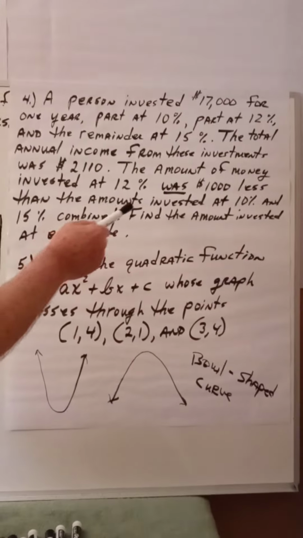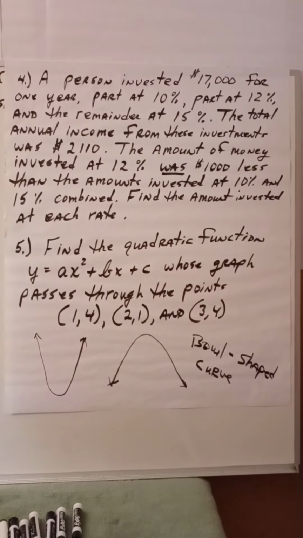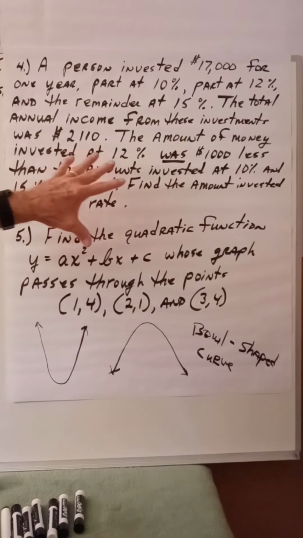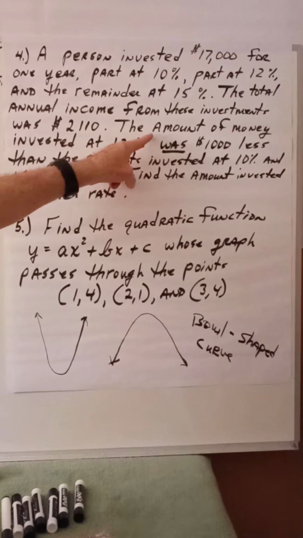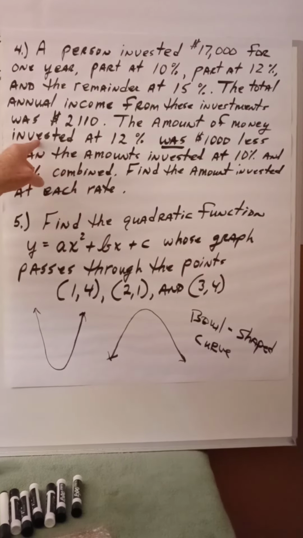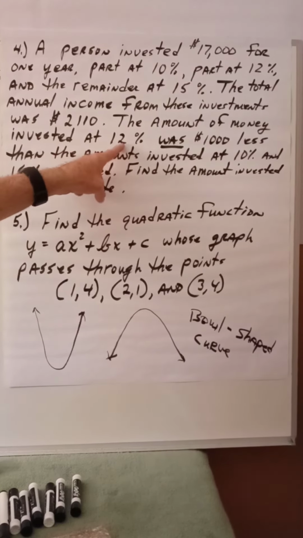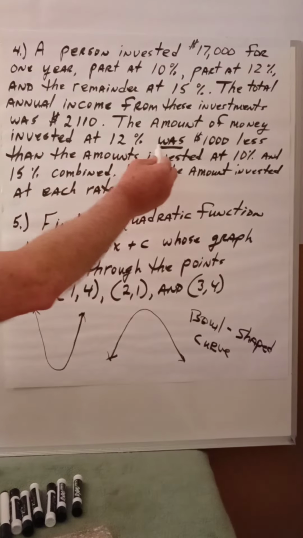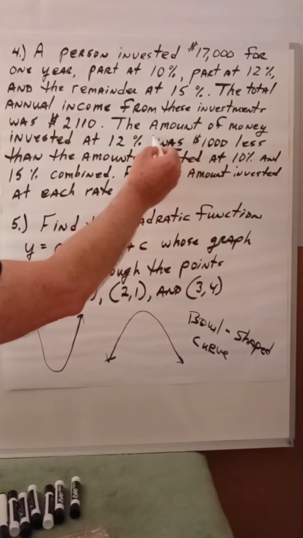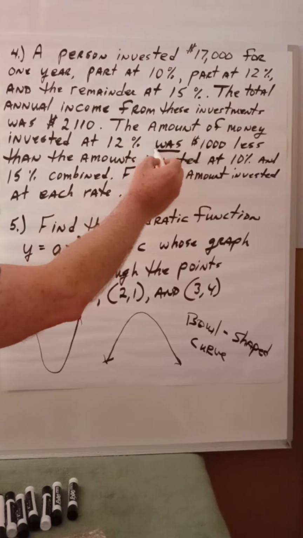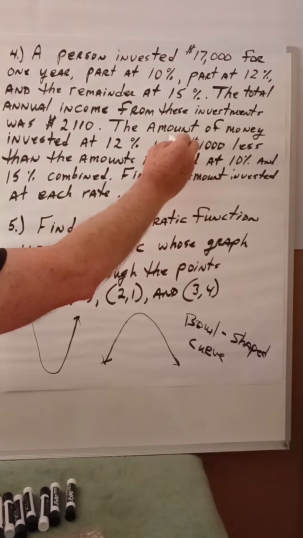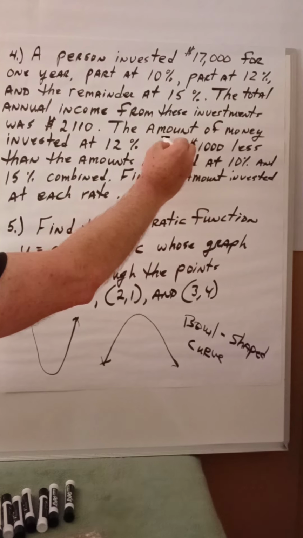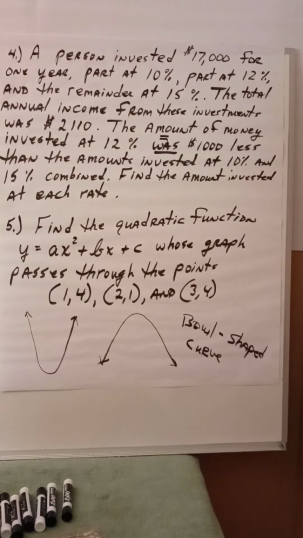And the third sentence, which we'll detail in a minute, I'll read it right now. The amount of money invested at 12% was, that's going to be a key word. I'm going to write above that word was an equal sign. That's going to be key.